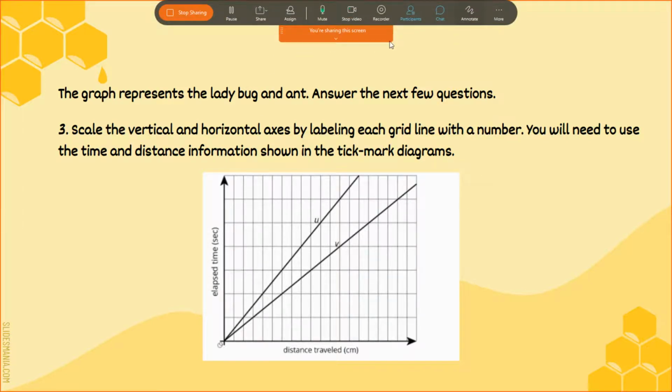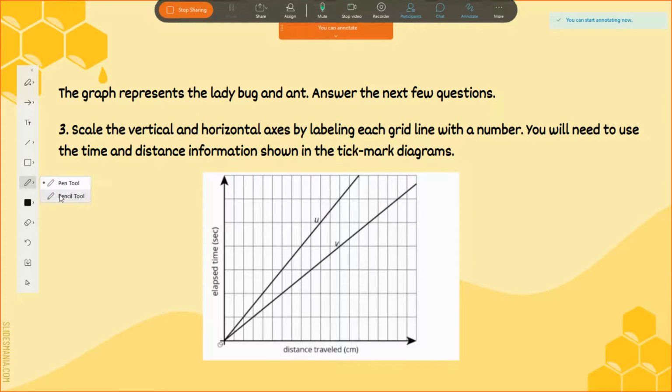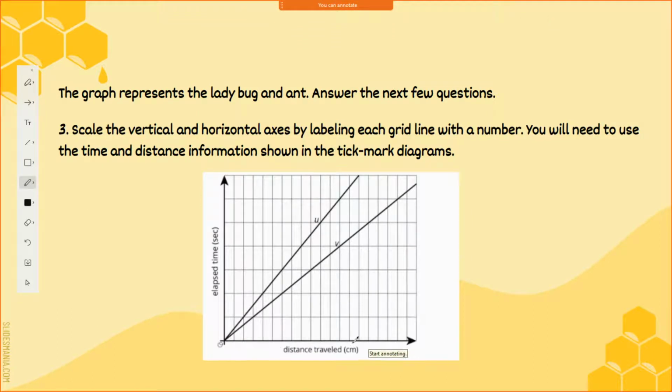All right, so let's label our axes. Across here, for the centimeters, we're going to label by 1. So we'll just say 1, 2, 3, 4, 5, 6, 7, 8, 9, 10, 11, 12, 13, 14, 15, 16, 17, 18, 19, and 20.